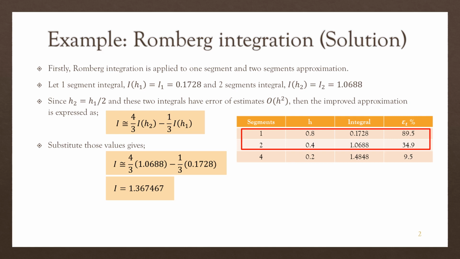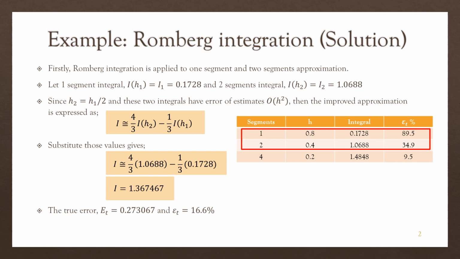So since we say it is an improved approximation, let's check the true error. The true error is 0.27 and the percentage true error is 16.6%. So you can see that the one segment integral we use in the Romberg integration initially has 89.5% percentage true error, and the other integral, the two segments, has 34.9% true error.